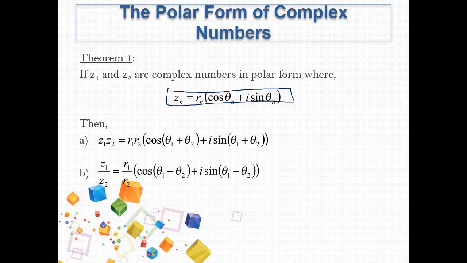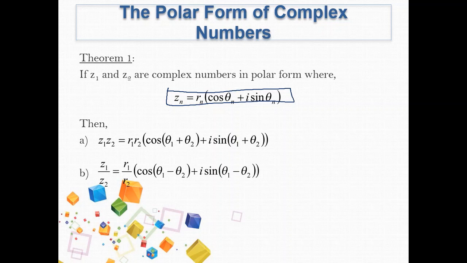But for the trigonometry, how you deal with it is you just add the angles. So cos and sine won't become squared.